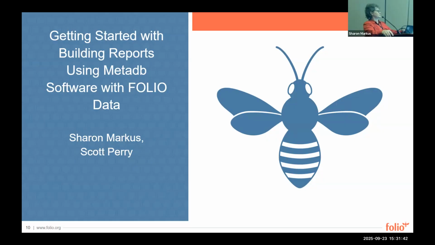Welcome, everybody. You're here because you're interested in Folio reporting. As the SIG convener, Scott and I want to be sure that you feel totally comfortable reaching out to us on Slack, or here at the conference, or over email anytime if you have questions about reporting. Also, I encourage you to either attend the Folio reporting SIG meeting yourself or send somebody from your institution. We cover all things reporting: data warehouse software, which we're talking about now, the MetaDB product, and also reporting within the Folio environment.